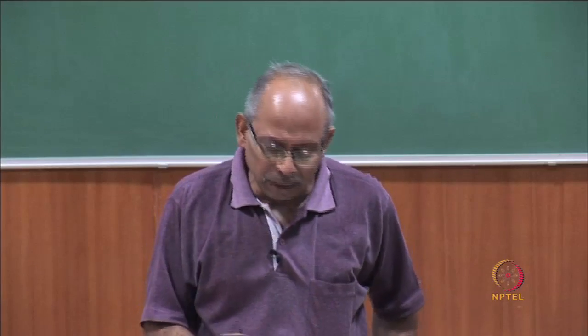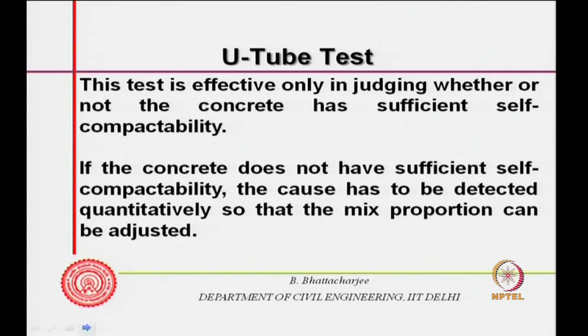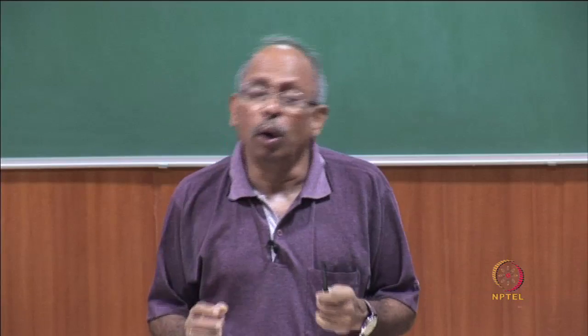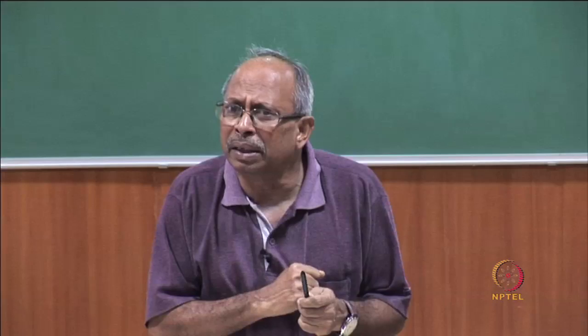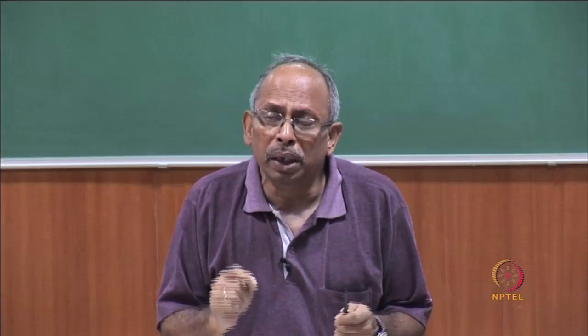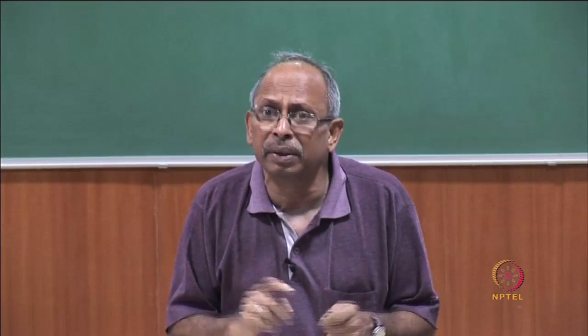One of the tests is the U-tube test. This test is effective only in judging whether or not the concrete has sufficient compactability. Will it compact itself? It will not be able to judge the flowability to a great extent, or other requirements like segregation resistance.